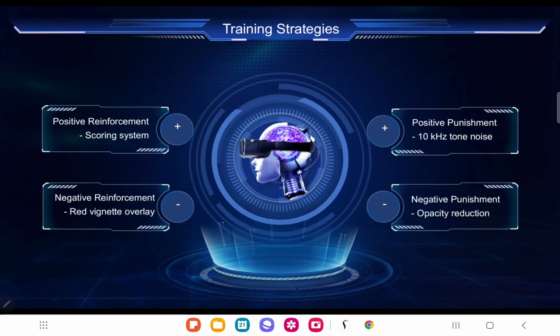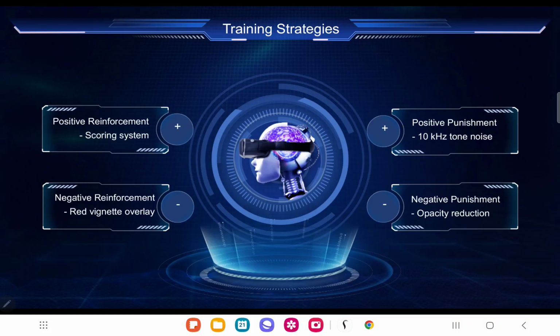And when we're doing the training with the distracting objects, we want to do something to reinforce the kids' correct attention. So we try to use different strategies, including positive and negative reinforcement, and positive and negative punishment, including a scoring system, noise, some overlay on the virtual environment, and opacity reduction.